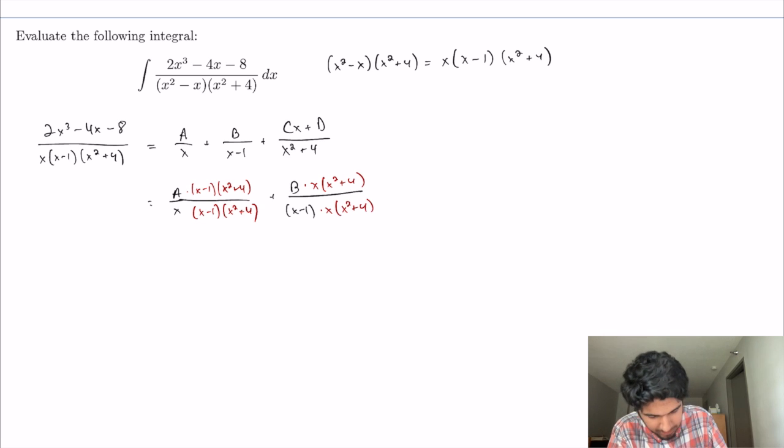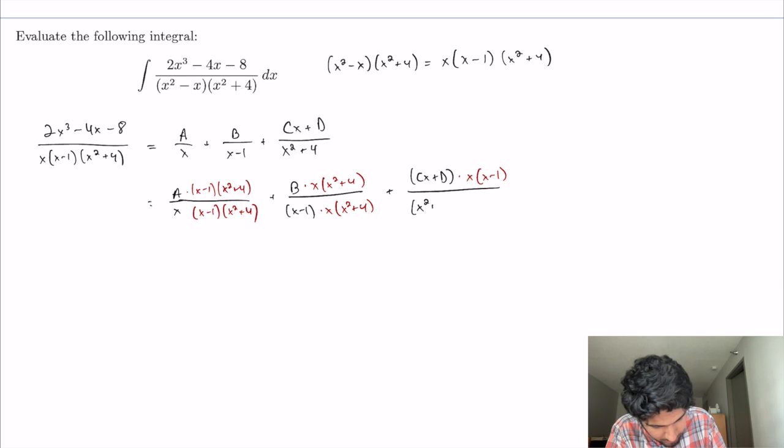And we can start to see that the first two terms have similar denominators now. And the last term, we're simply multiplying that by x times x minus 1, and same with the denominator. And you can see now that all three terms have the same exact denominator, so we can combine them into one.